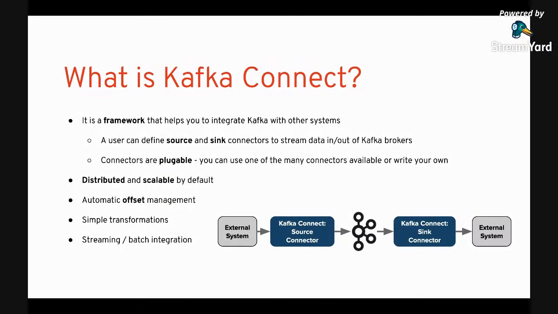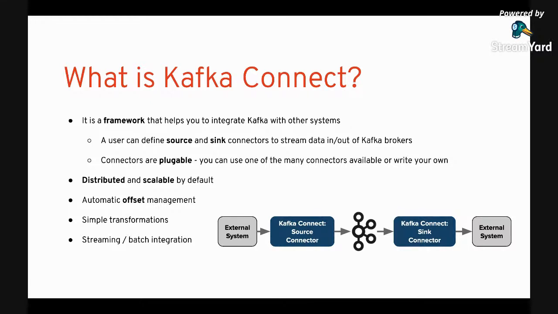Kafka Connect is basically a framework, and it is used to integrate your Kafka with other systems, in particular external systems. So through Kafka Connect, you are able to define source and sink connectors to stream data in and out of Kafka brokers.